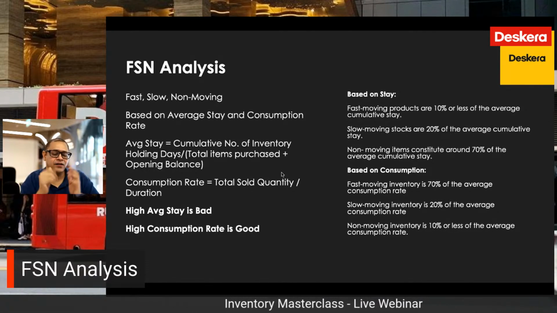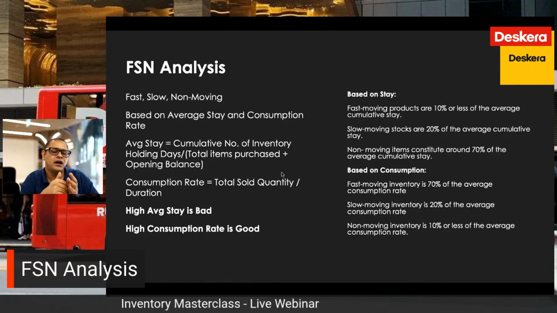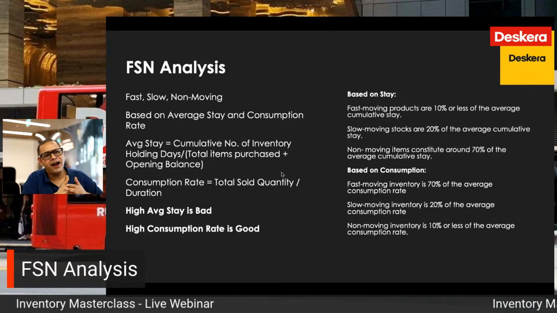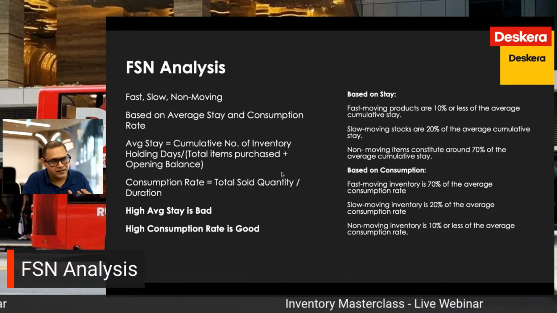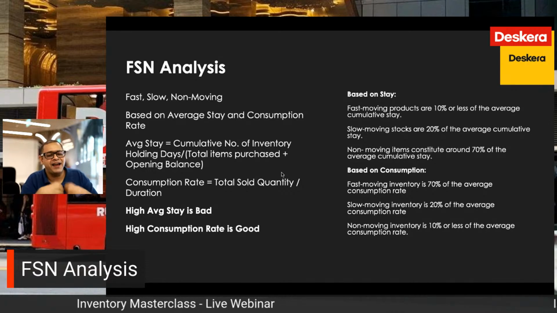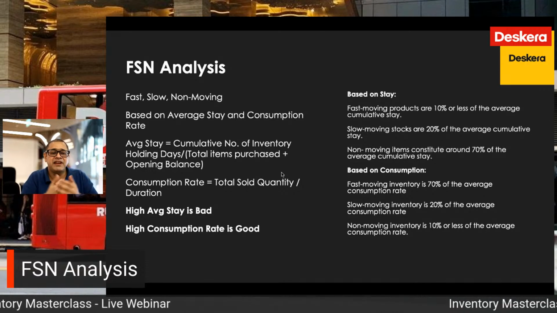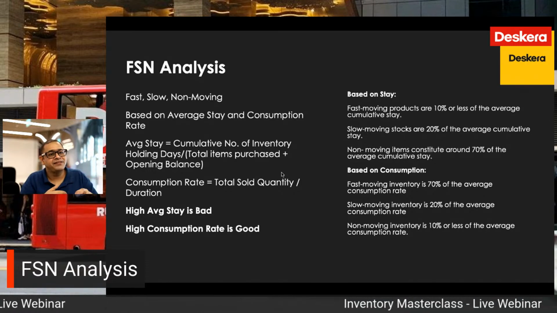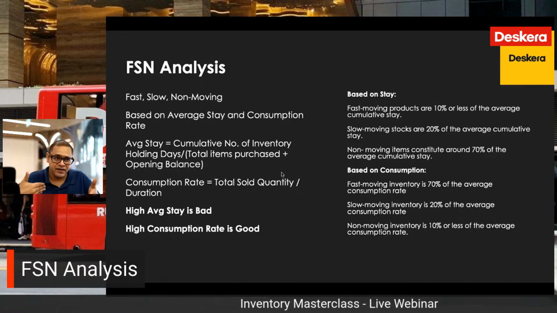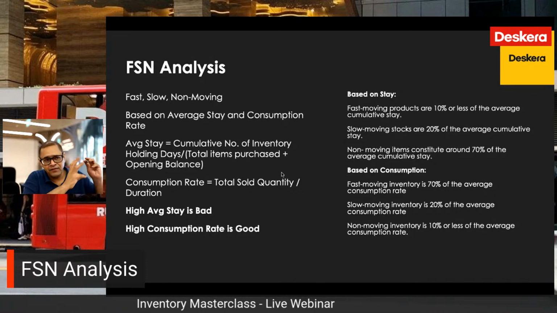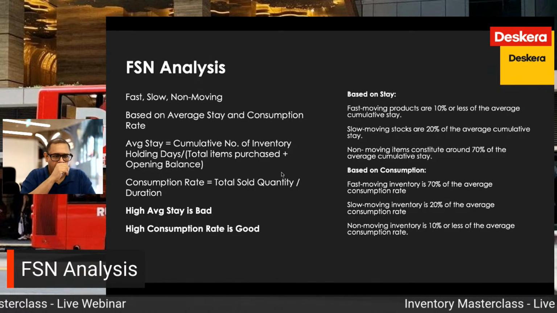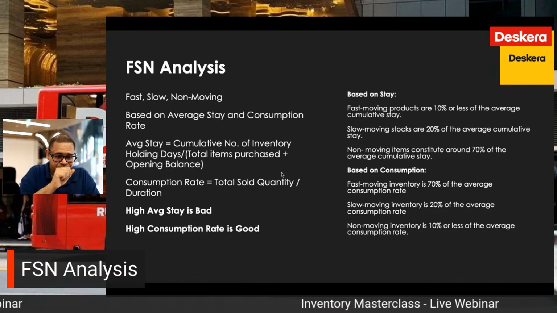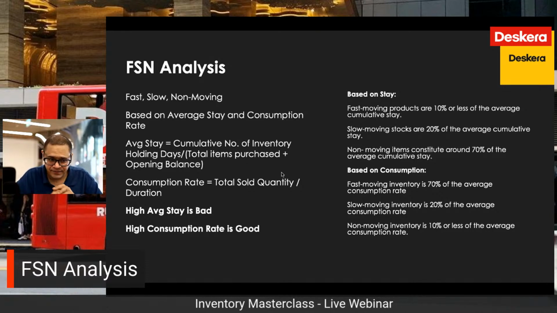So let's say that over a period of a year, you had purchased 50 items and you already had 50 items in the inventory, and the time it took for you to clear the entire thing was 300 days. So your average stay would be 300 divided by 100, which is 3 days. That one item on an average was staying in your inventory for 3 days. So that's what average stay is.